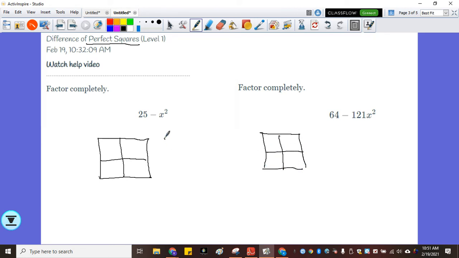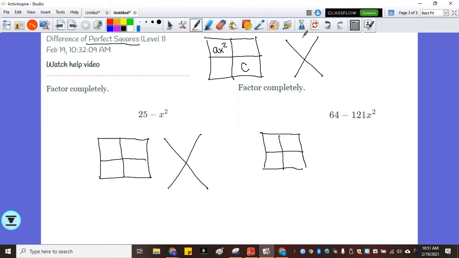And we have to do our magic X. Let me set it up here. So remember, I want ax squared in the first box, c in the last one. We need to know what multiplies to ac and adds to your b.